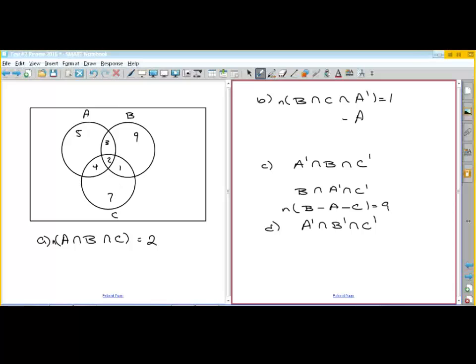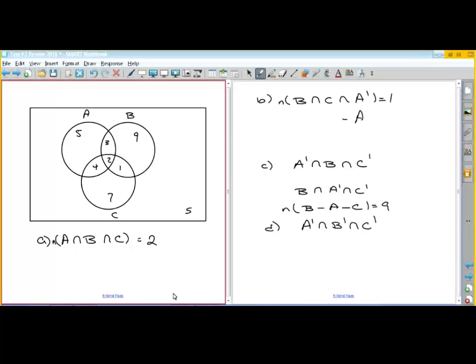And then these 4 here are A minus B minus C. This one would be B minus A minus C, and this one would be C minus A minus B. And then the final one is the intersection of all of the complements, and I didn't write a number out here, so I'm just going to write it out here.